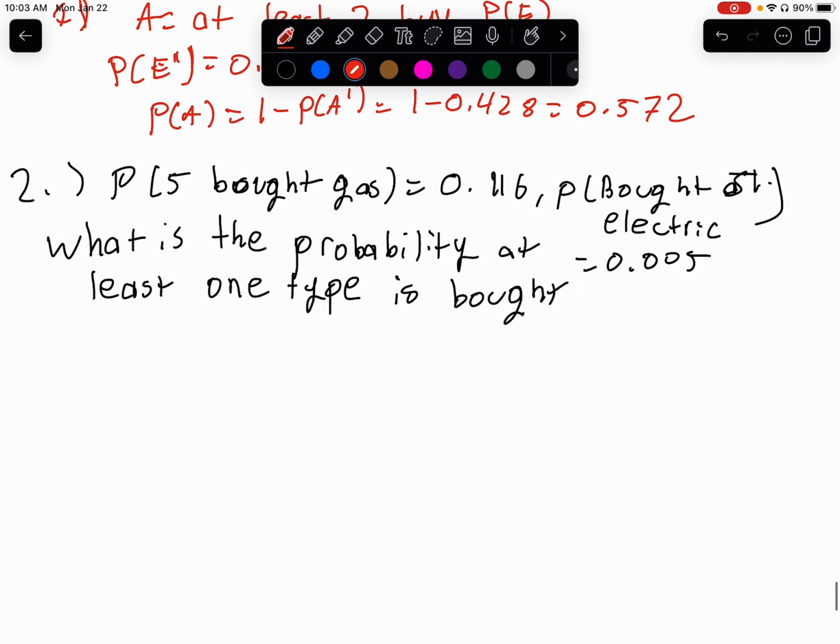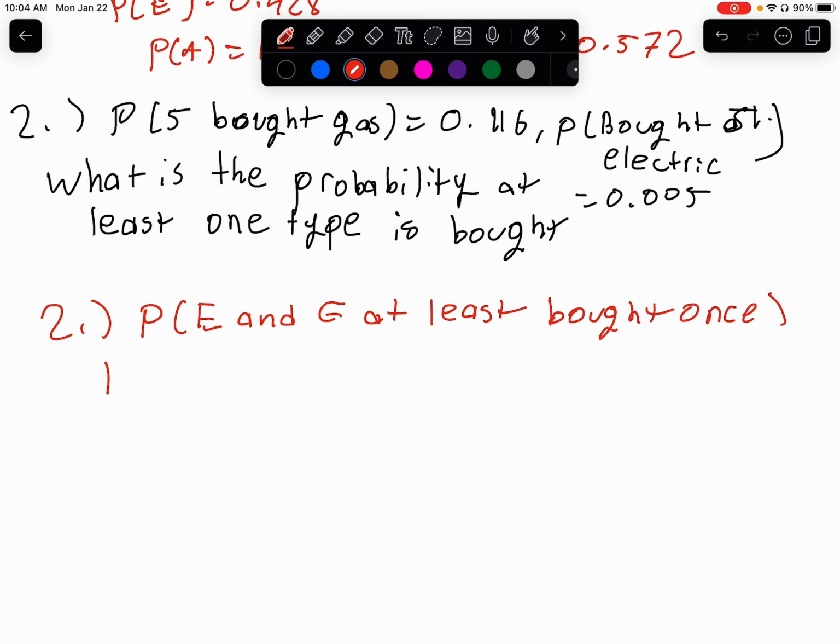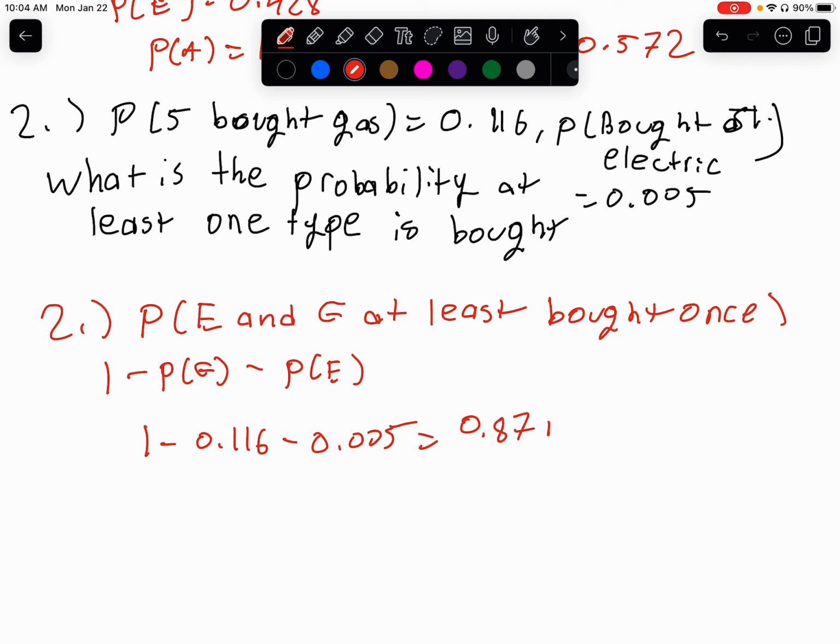So for number 2, we need P(E) and P(G), at least bought once. So we have 100% minus the probability of P(G), minus the probability of P(E). So we have 100% minus 0.116 minus 0.005 equals 0.879. So there's an 87.9% chance that it is bought.